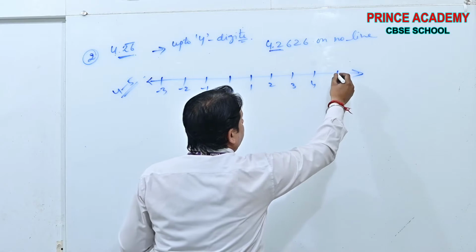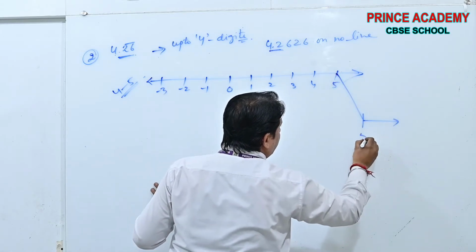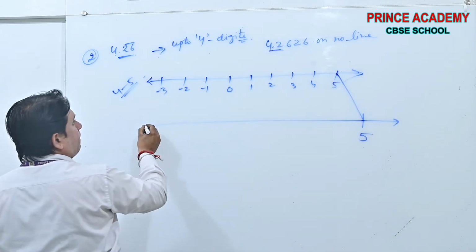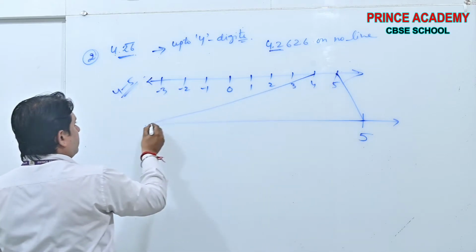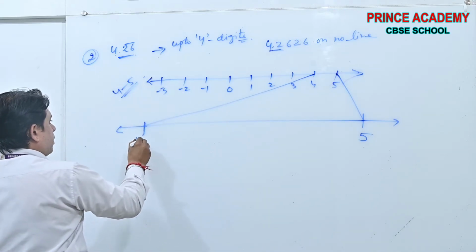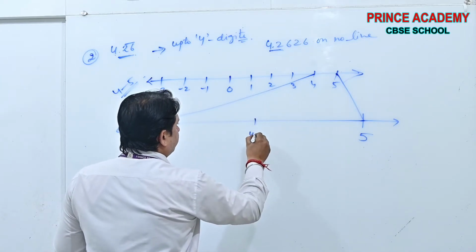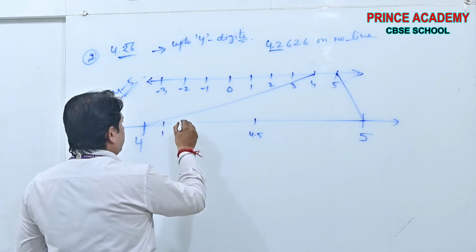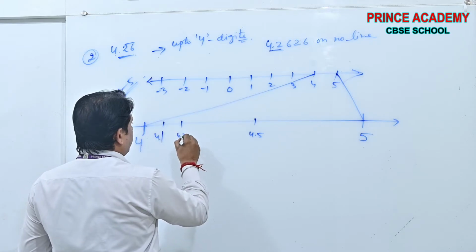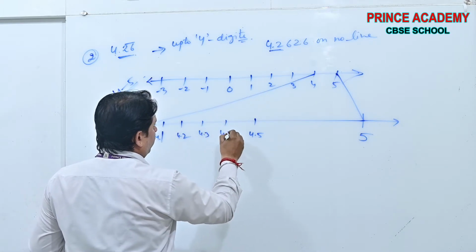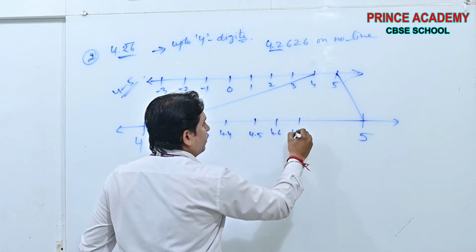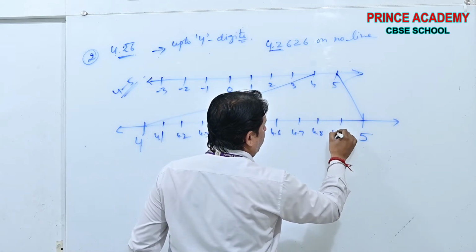You will get this is 4 and this is 5. Now divide it into 10 parts: 4.1, 4.2, 4.3, 4.4, 4.5, 4.6, 4.7, 4.8, 4.9.